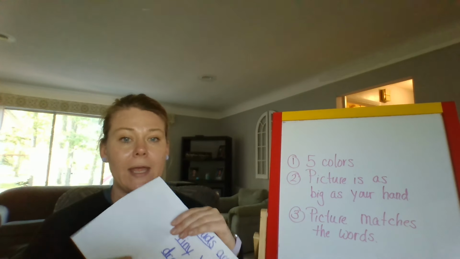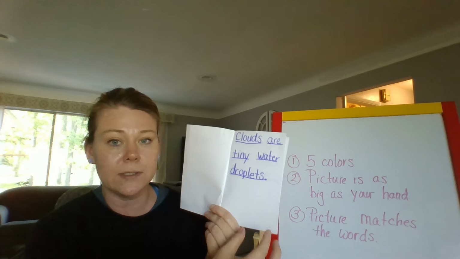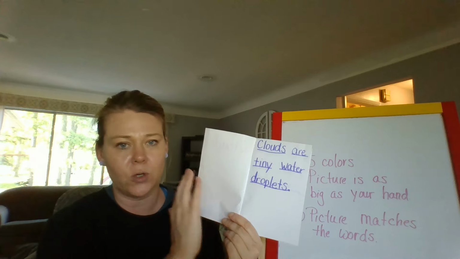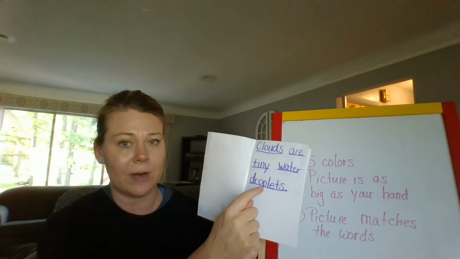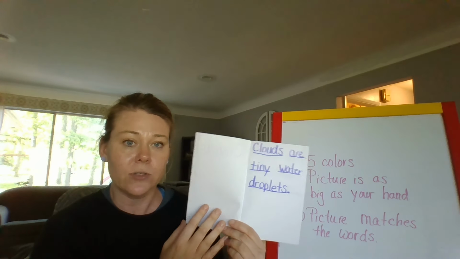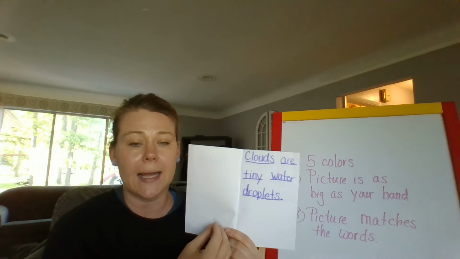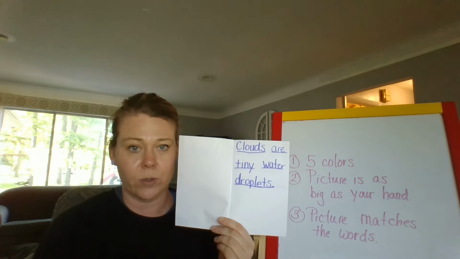So remember to put your illustration on the front cover. And then because we have a longer book, here's what's going to happen today. You're going to have your words on one side and your picture is going to go on this side, or whatever side you wrote on. So on this side, I wrote about clouds are tiny water droplets. And I'm going to make sure that my illustration here shows a picture of clouds being tiny water droplets. So this picture needs to match this set of words.